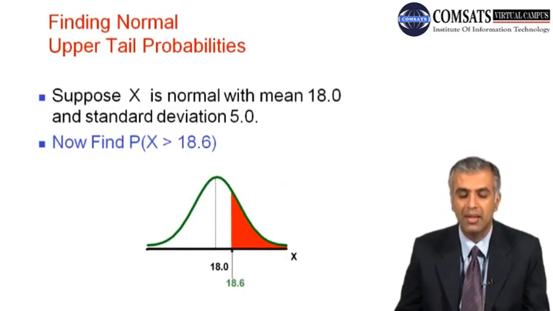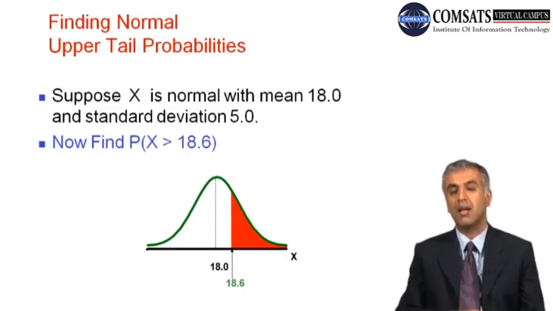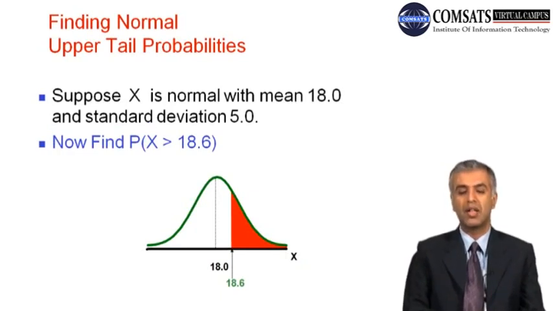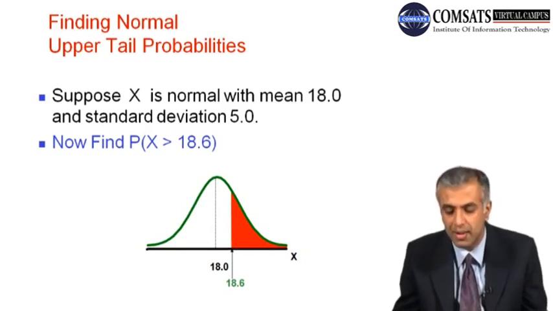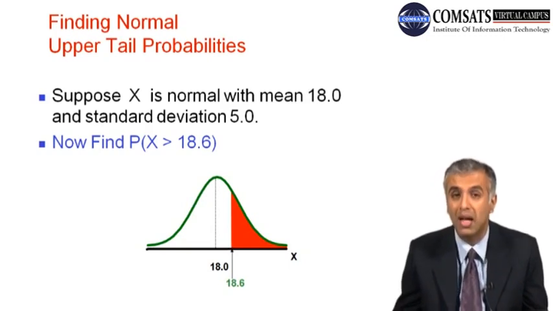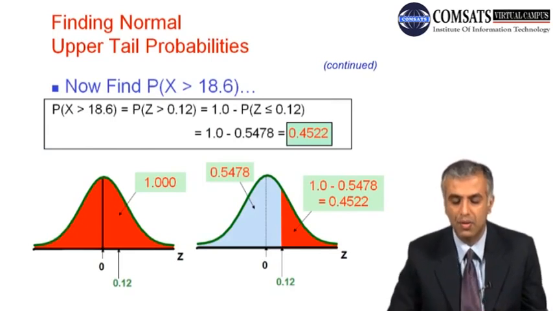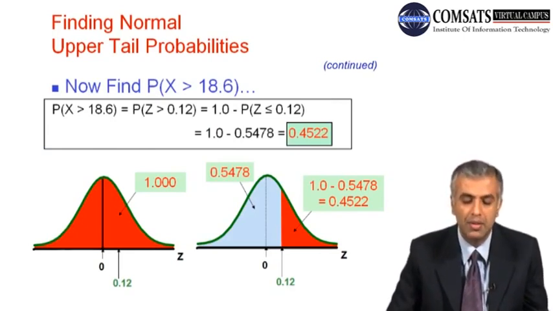Here the example is a bit different, because now we are trying to find the probability for values of x which are greater than 18.6. We have shaded this area to highlight it. We know that the total probability area is 1.